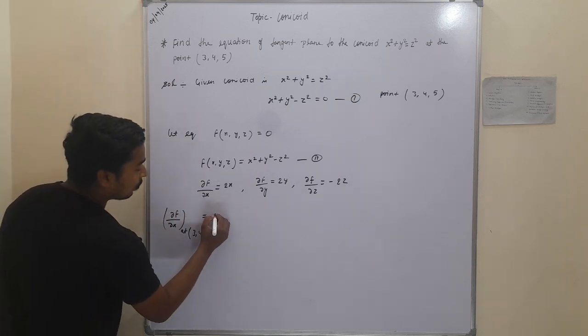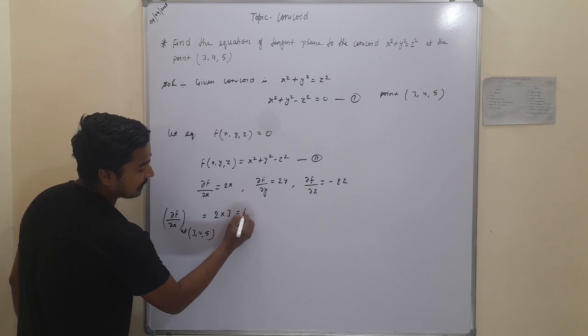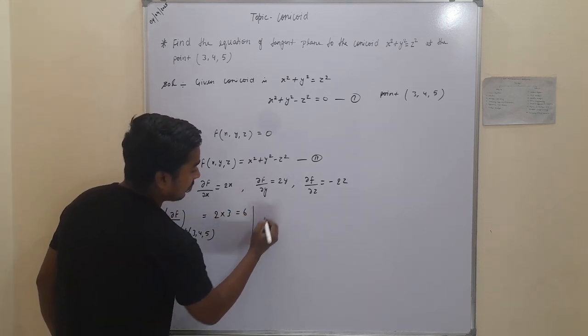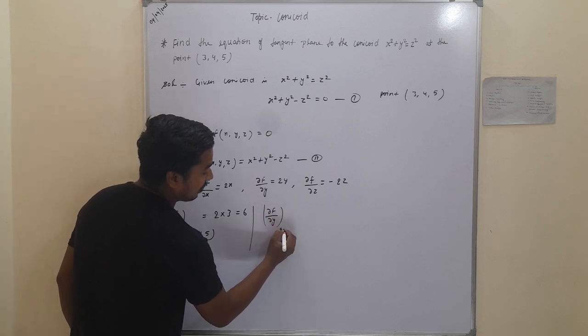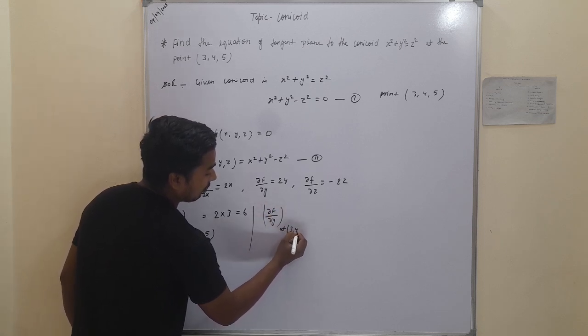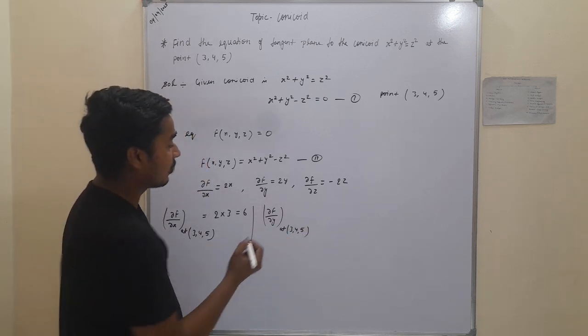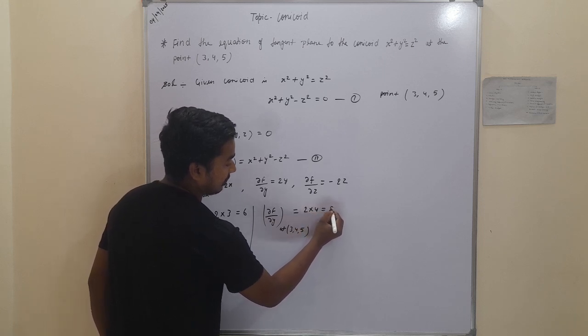Putting in the values of x, y, z: del f upon del x at (3, 4, 5) is 2 into 3, which gives 6. Similarly, del f upon del y at (3, 4, 5): y is 4, so 2 into 4 gives 8.